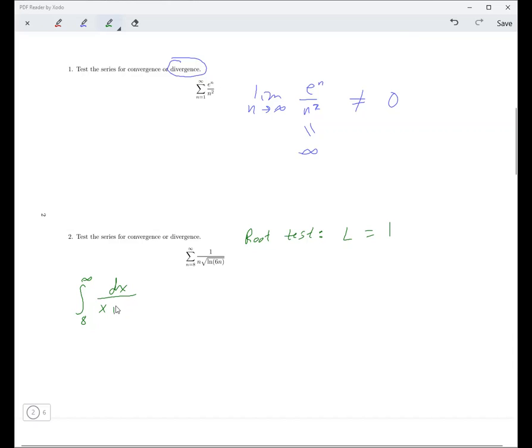And then here we have the square root of log of 6x.